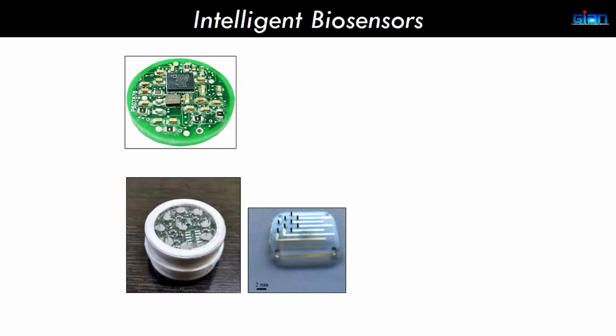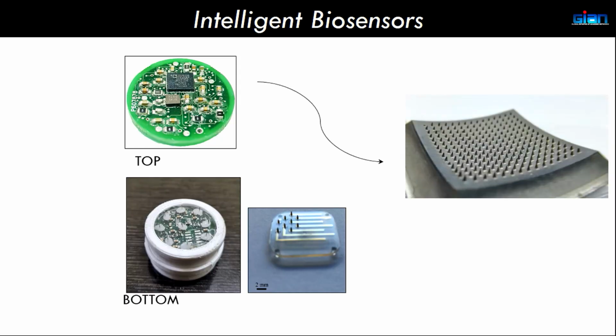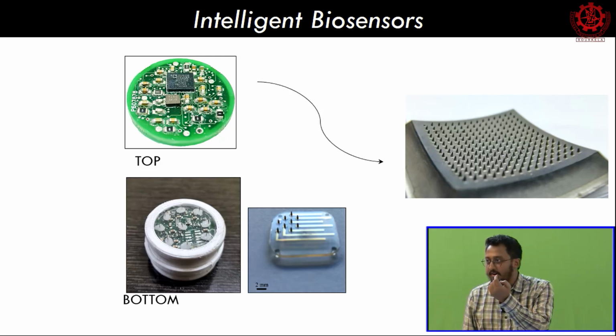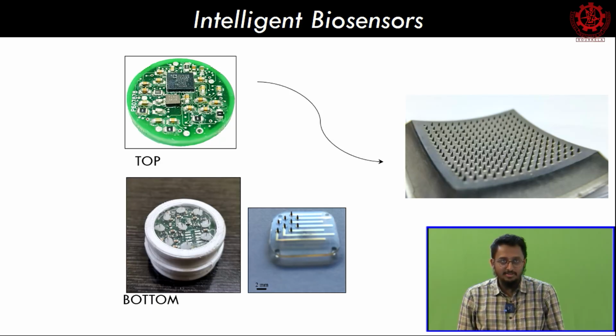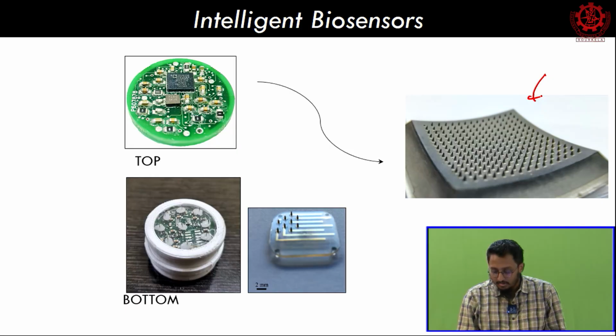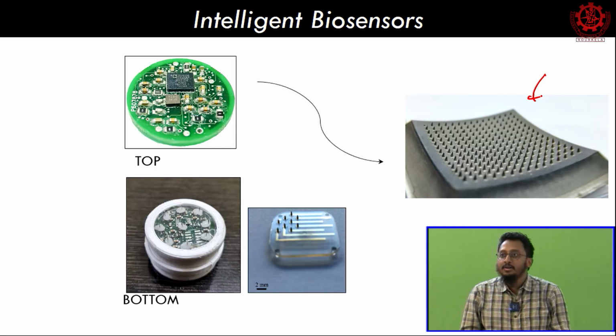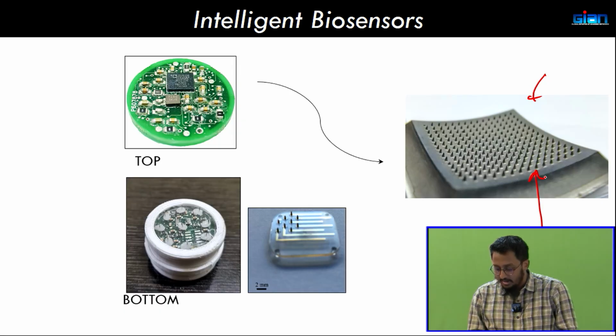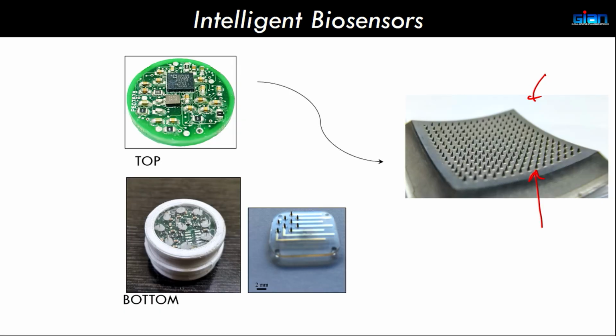Right. So I think you have seen these devices already in the class. This is the highly magnified image of the microneedle that you may have felt or touched. This is how it looks. The microneedle that you have is gold coated. This other microneedle is, I think, carbon coated, if I remember correctly.